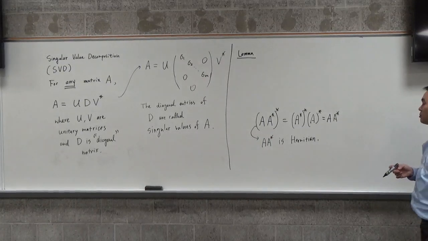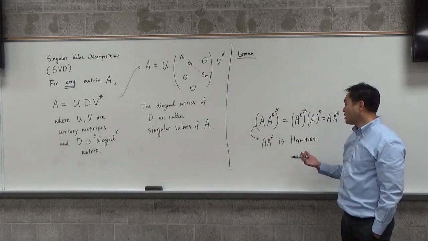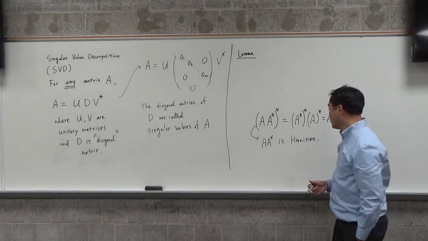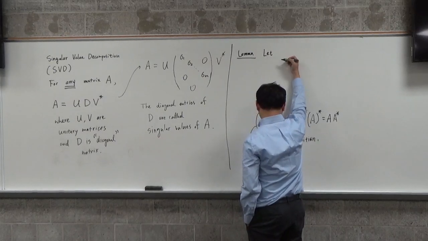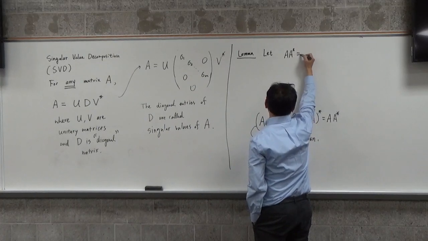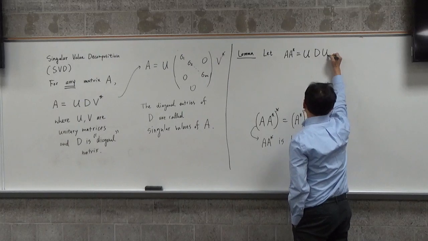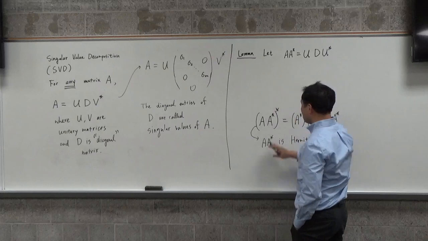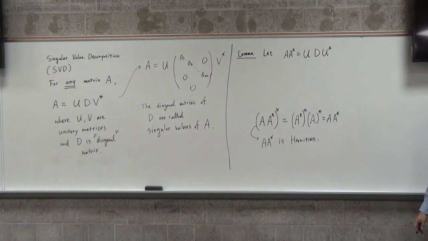So because it's Hermitian, you can use the spectral theorem. Let A star A equal U times D U star, since we just proved that this is Hermitian.